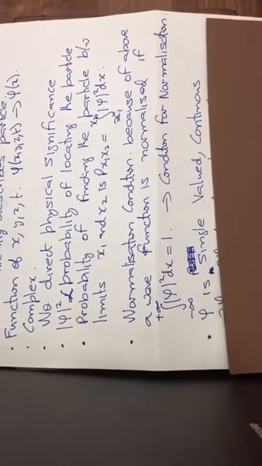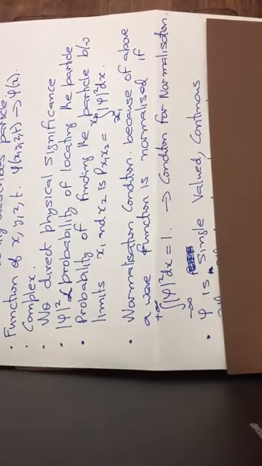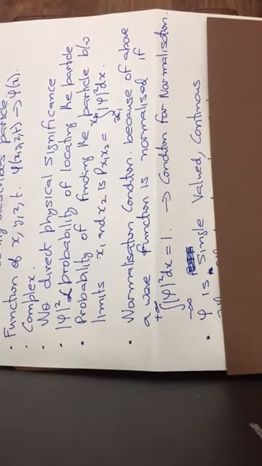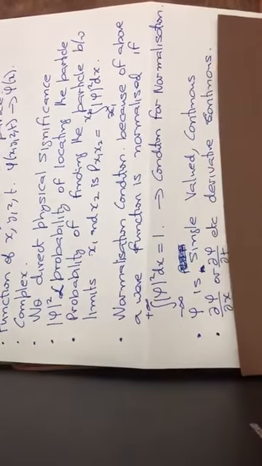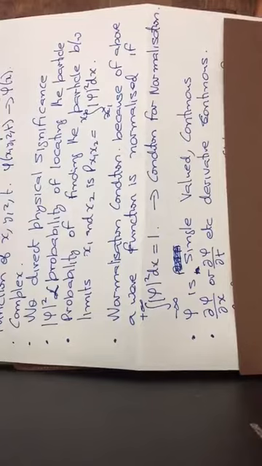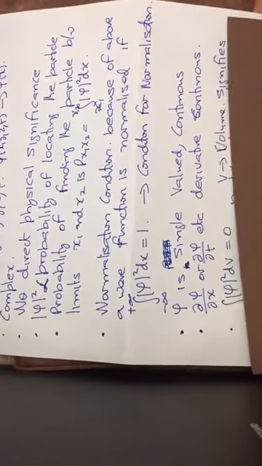Okay. So among the properties of psi, one of them is that it has to be single valued. It is a continuous function, and the derivative of the psi function is also a continuous function.